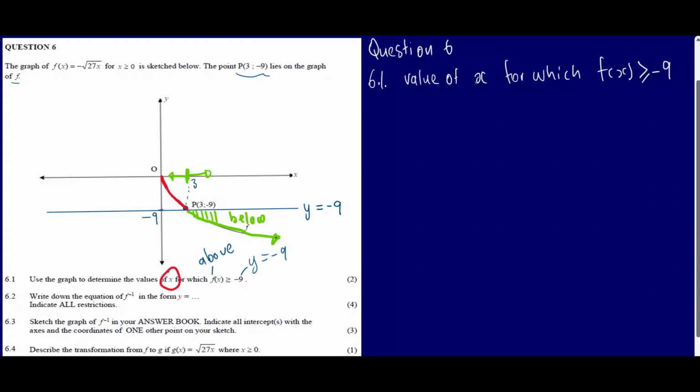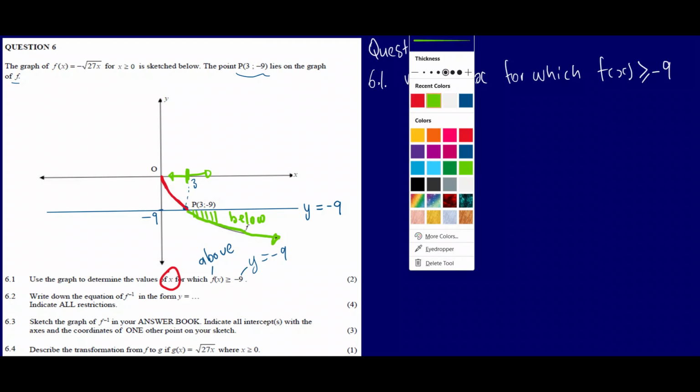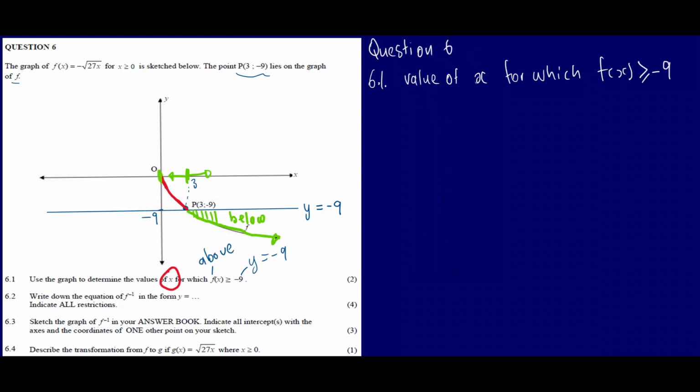So what are these x values? We're looking for those x values. I can see that it's from that specific x value 0 to that. So the graph is above, in between 0 and 3. But how are we going to write it here?